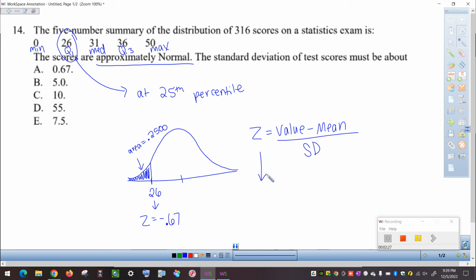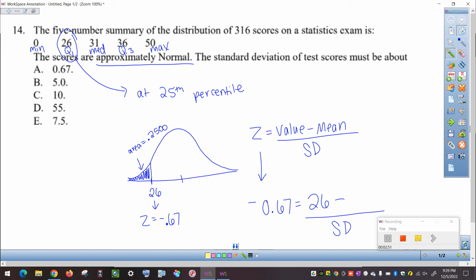We can also plug that in over here into our z-score formula. Now the value, the score that is at that position, is 26. We're trying to find our standard deviation, so I'm going to leave this as a variable. And then, to figure out the mean that we are subtracting, we're not specifically told the mean here, but we are told the median.